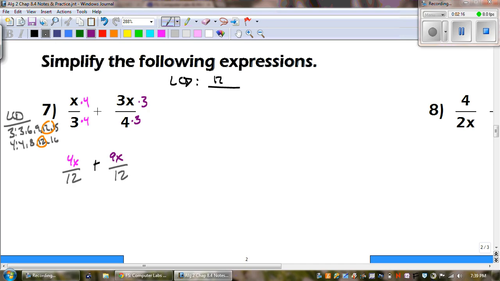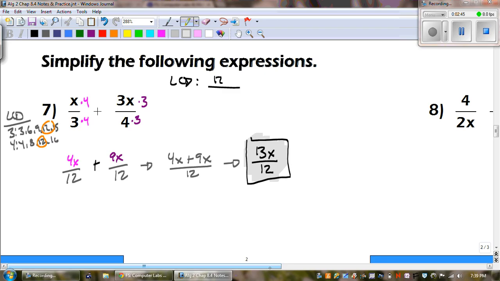Now that they have the same denominator, we can add them together, and we get our final answer of 13x over 12. We always check to see if we can simplify, and there's nothing to worry about here.